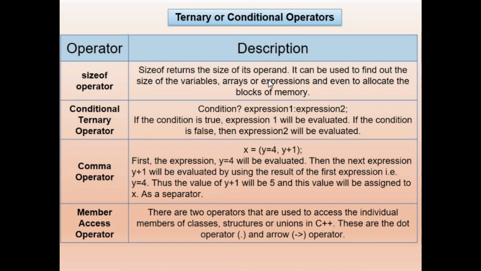The size of integer is 2, float is 4, character is 1. So by the use of sizeof operator you can find out the size. For example, suppose you have an array of 10, you can find the sizeof array, and you get the value of the size of that particular array.